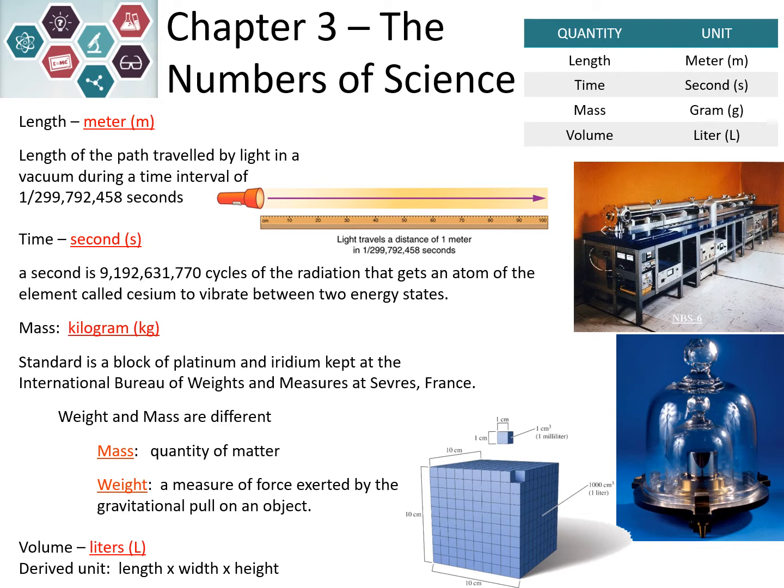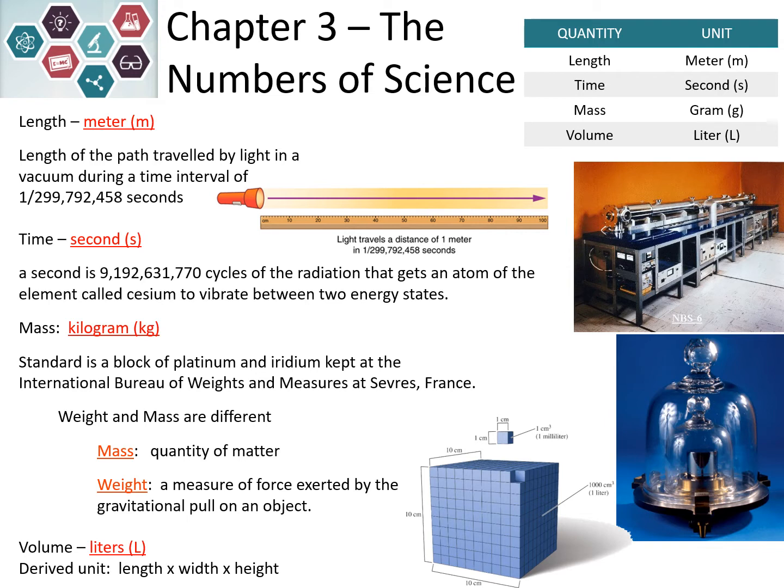And so the speed of light is used to define how long 1 meter is. Time, we're very familiar with, and so time is measured in seconds. And the way that we define a second is based on a cesium atom and how frequently it vibrates between 2 energy states. So if you've ever heard of the atomic clock, what makes it atomic is those cesium atoms.